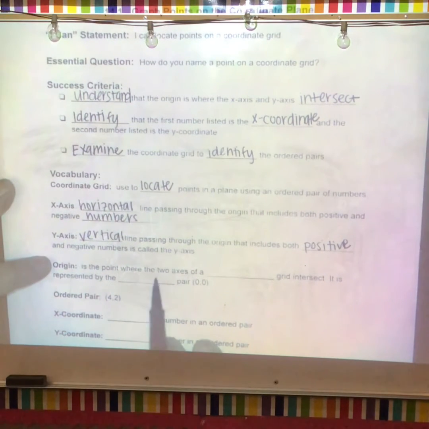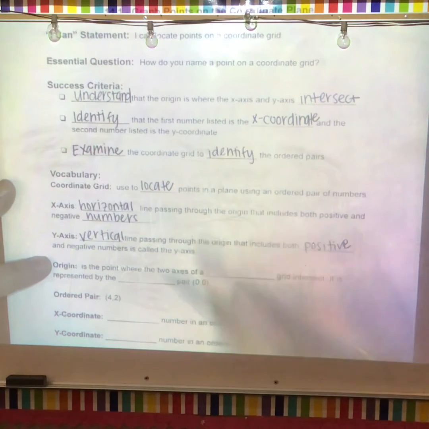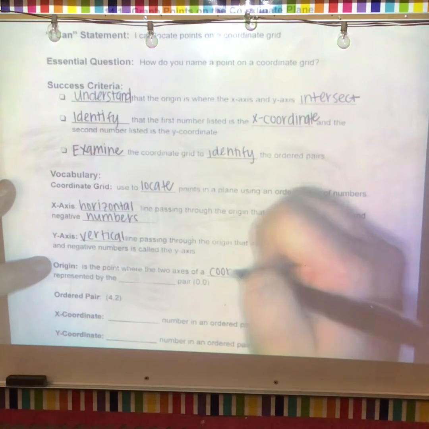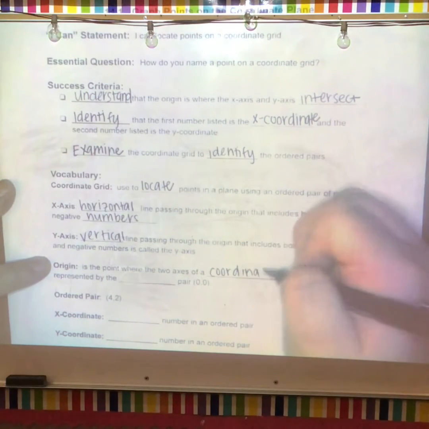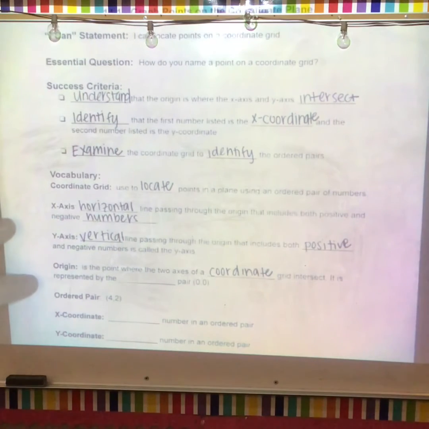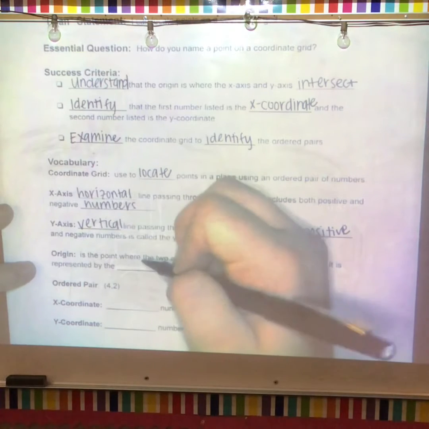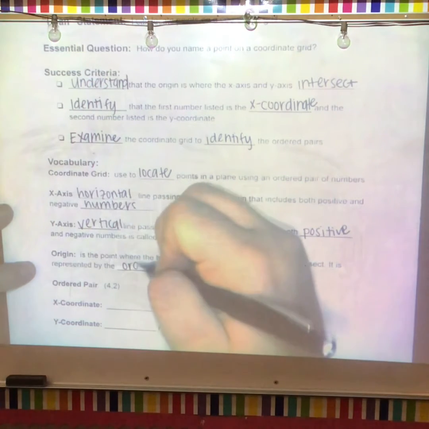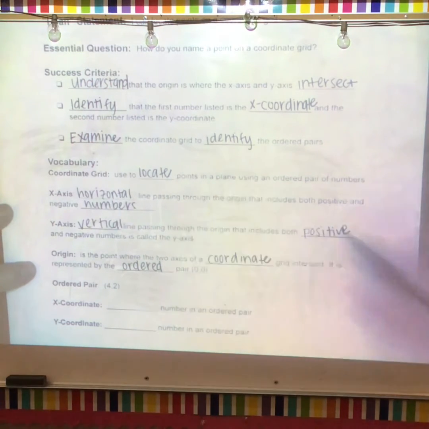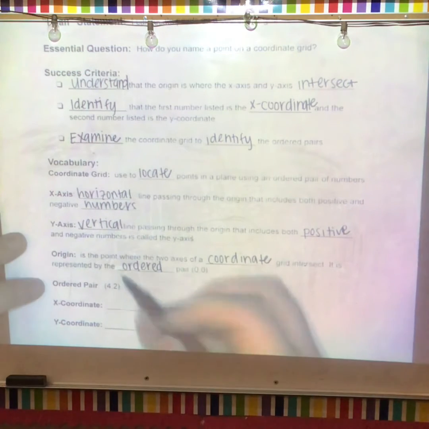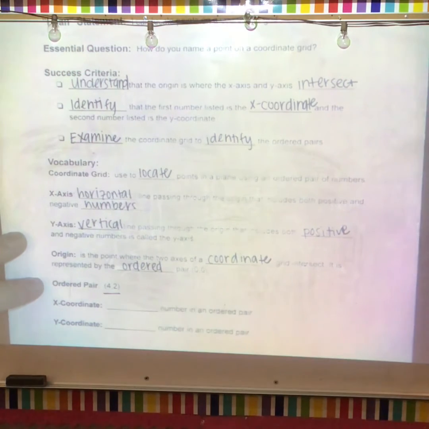Origin is the point where the two axes of a coordinate grid intersect. It is represented by the ordered pair. This is an example of what an ordered pair looks like.